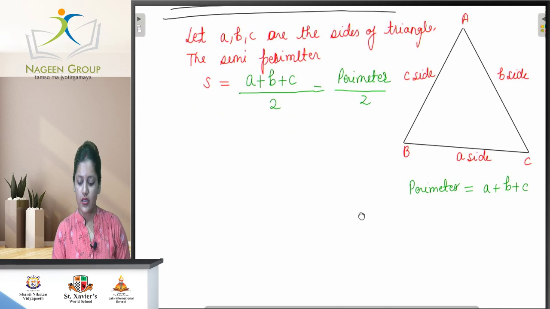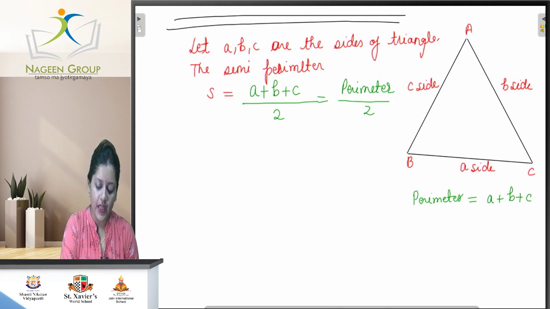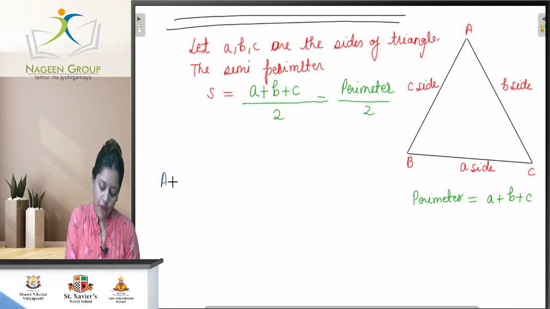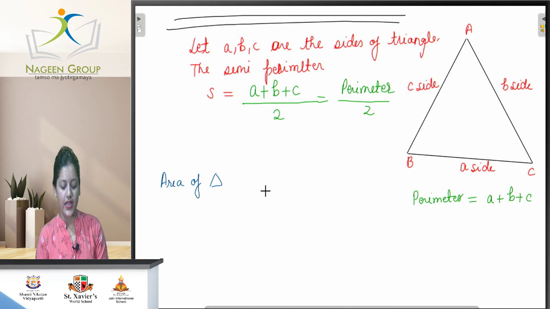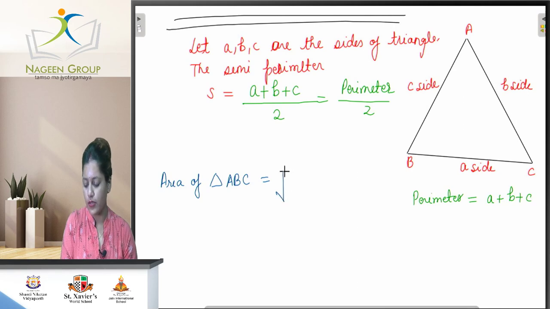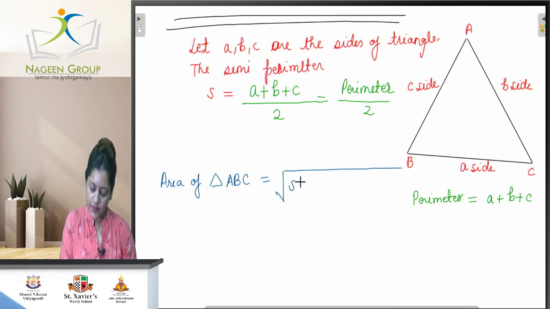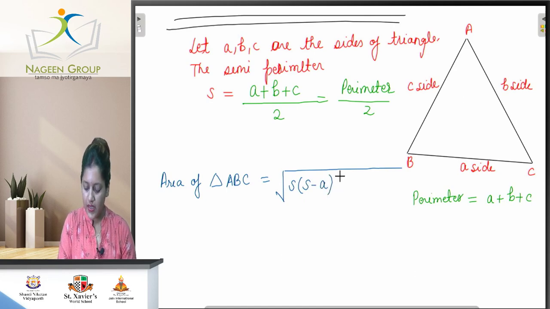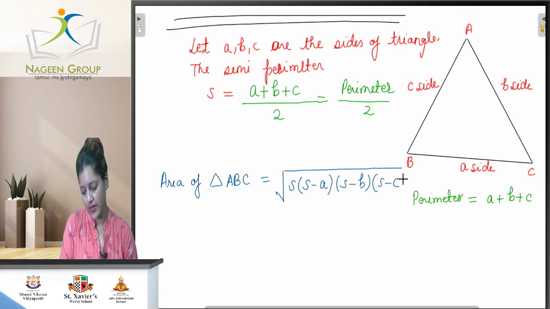After that, our formula arises. The area of triangle ABC is equal to the square root of s, that is the semi-perimeter, into (s minus a), into (s minus b) and into (s minus c).